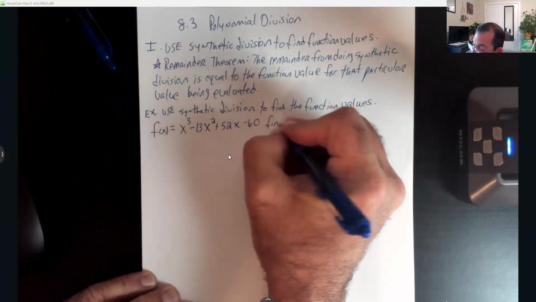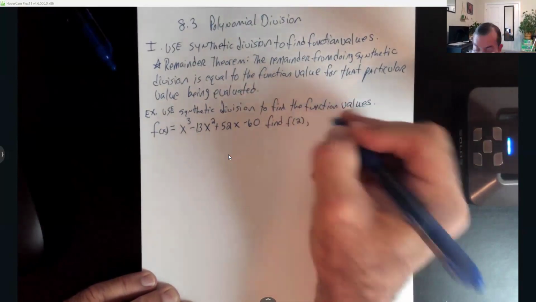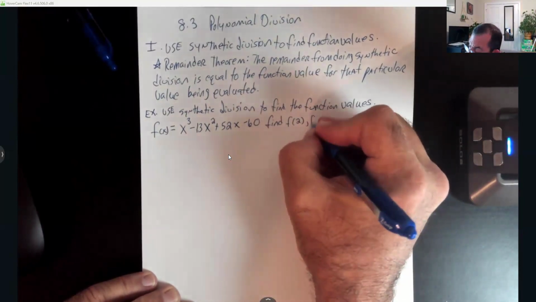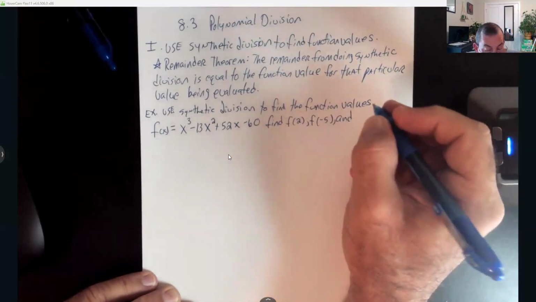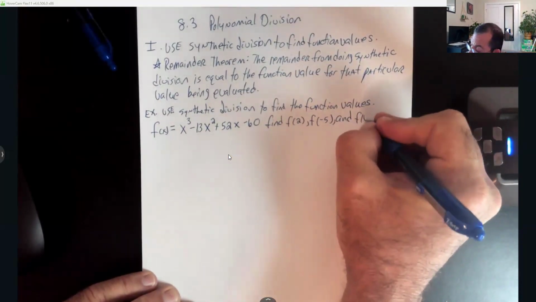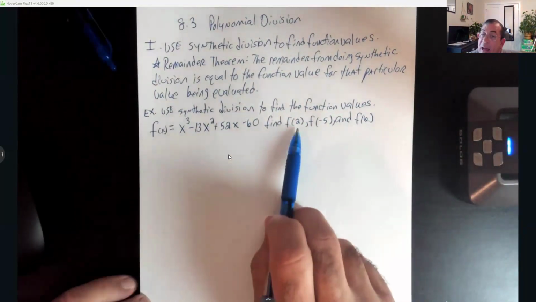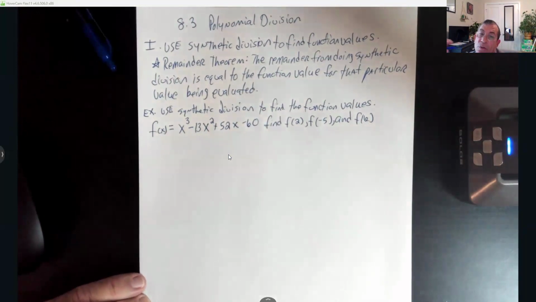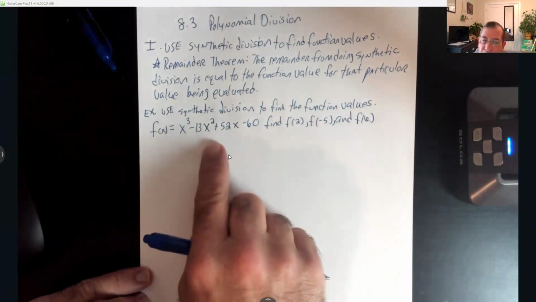They want us to find f of 2, f of negative 5, and f of 6. Now, we're finding 3 values, so we're going to do synthetic division 3 times on this problem, okay? But what's good about it, we're using the same coefficients every time.